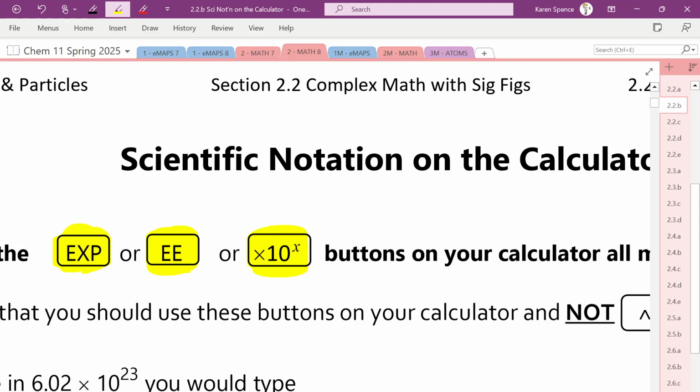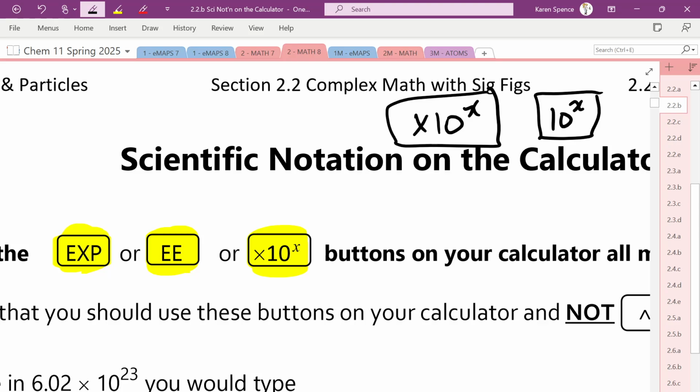What do you got? Oh, I have 10 to the power of X here. No, you don't. That's right there. It says times 10 to the X. It is not 10 to the X. Tell me what is different between these two.